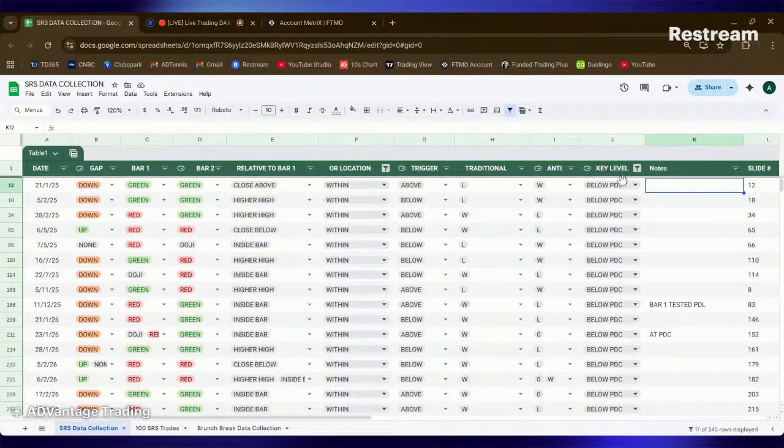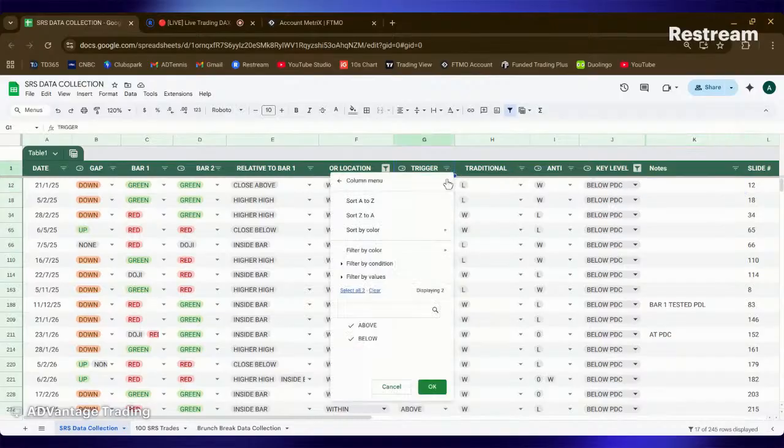I'm filtering for when we're between the previous day close and the previous day low, which is where we are now. And there's been 17 examples. So 17 out of 245 trading sessions. The market has been trading within the overnight range and has been trading between the previous day close and the previous day low at 8:30.